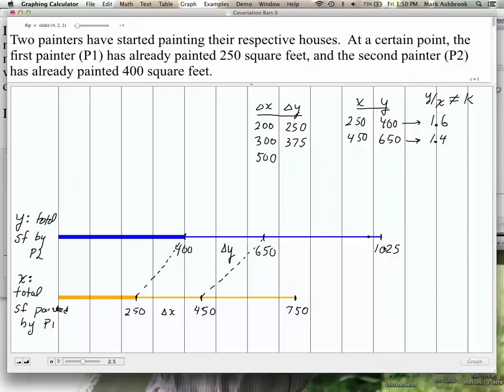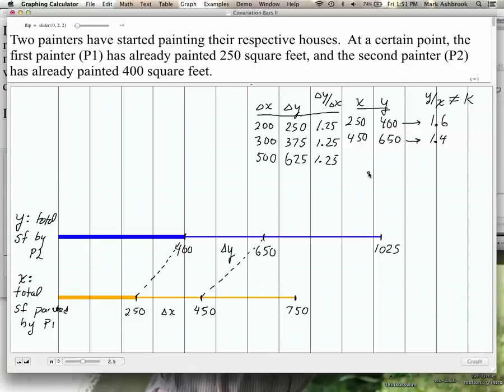Corresponding change in Y? 625. Okay, so then we check delta Y over delta X. What is it here? Conclusion. Yes.